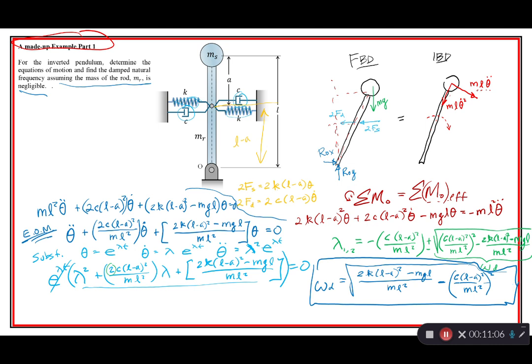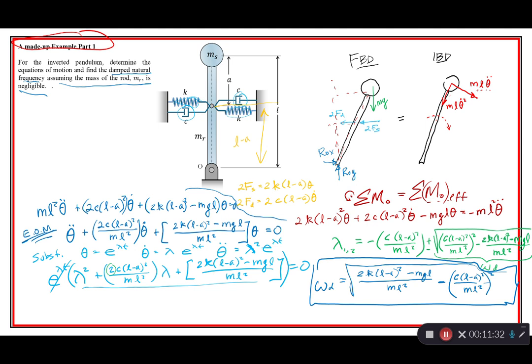And the description of why you flop the sign. Well, for one thing, we're assuming this is an underdamped type of thing. Just by the fact that we say a damped natural frequency, that only happens when it's underdamped. Because if it's overdamped or critically damped, it doesn't have a frequency.